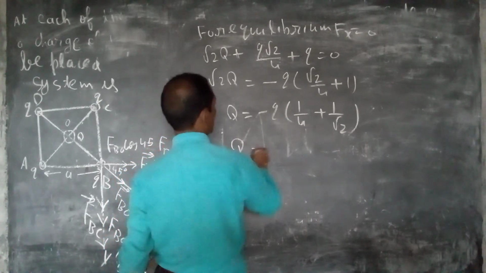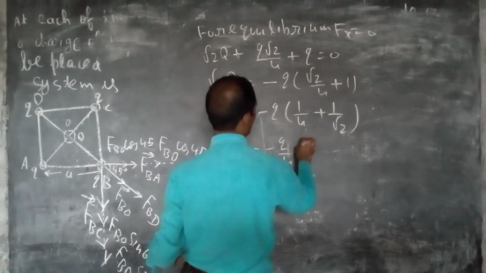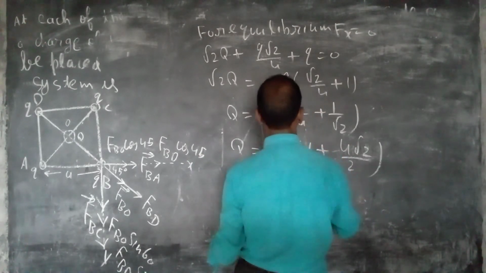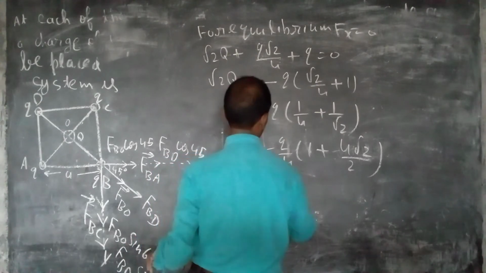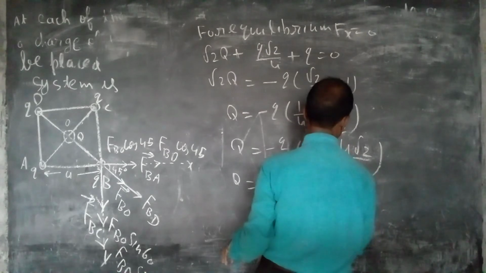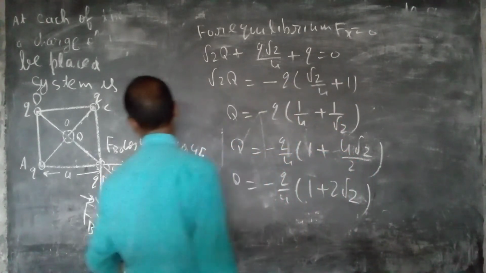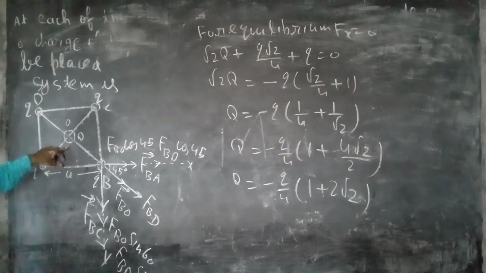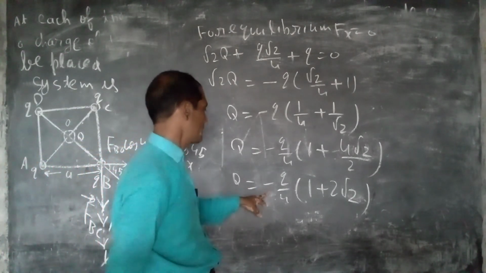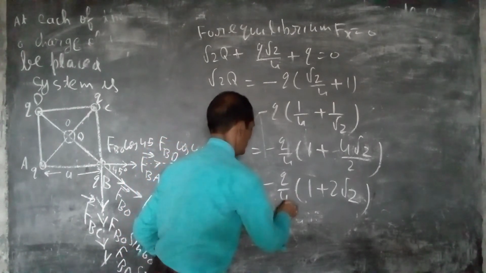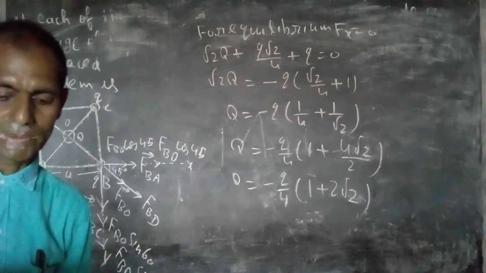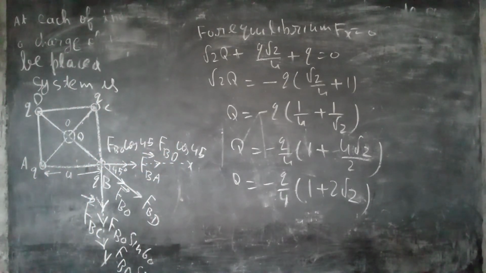Taking 4 common, Q is equal to minus q by 4 into 1 plus 2 root 2. So the charge placed at the center for equilibrium is given by this. It is a negative charge. The charge placed at the center is negative, opposite in nature to the charge placed at the vertices.